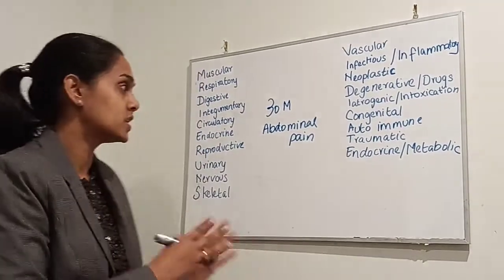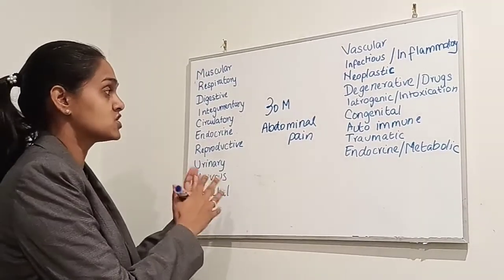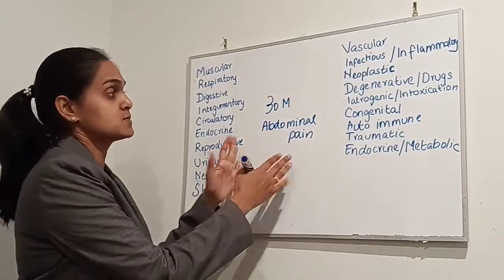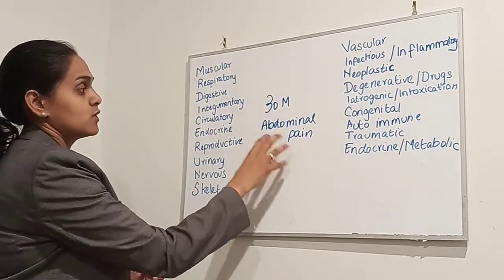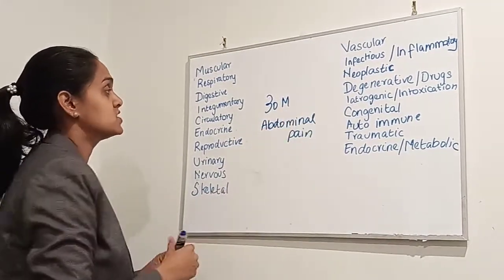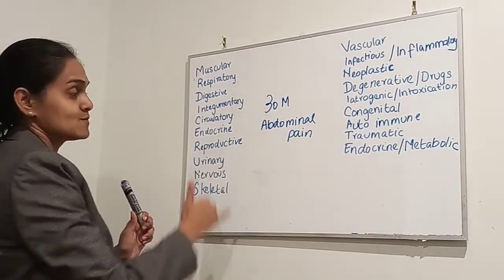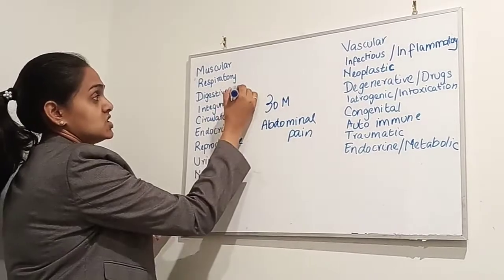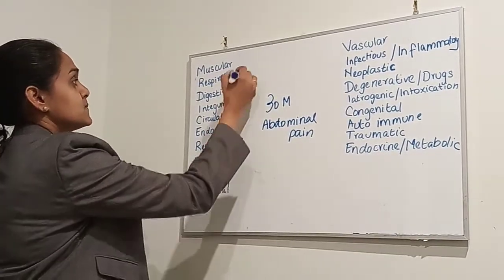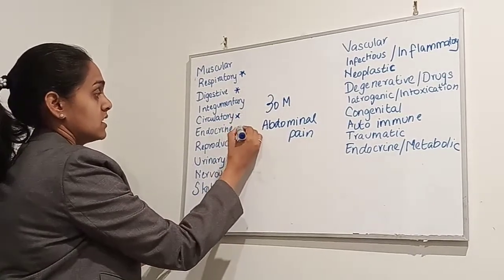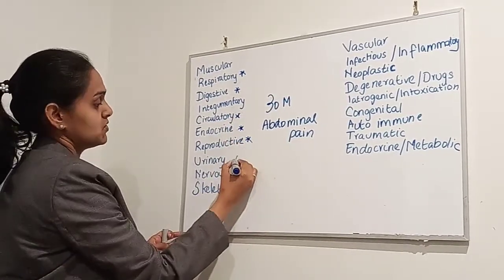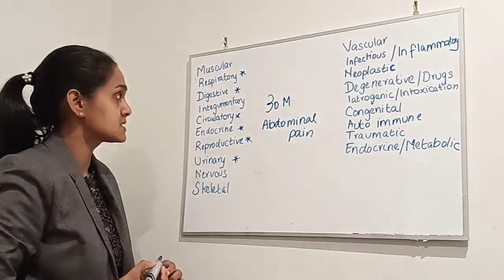In this case, we only have the age and the gender of the patient and his presenting symptom as abdominal pain. Since we've narrowed it down to the abdominal region, the possible systems that could be involved are GIT or the digestive system, respiratory, circulatory, endocrine, reproductive, urinary systems.